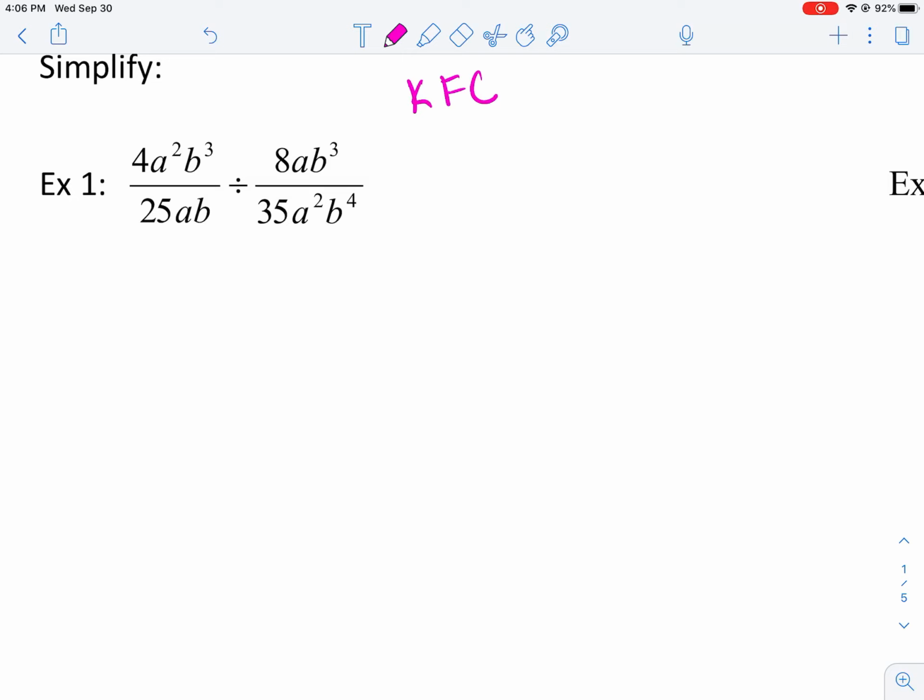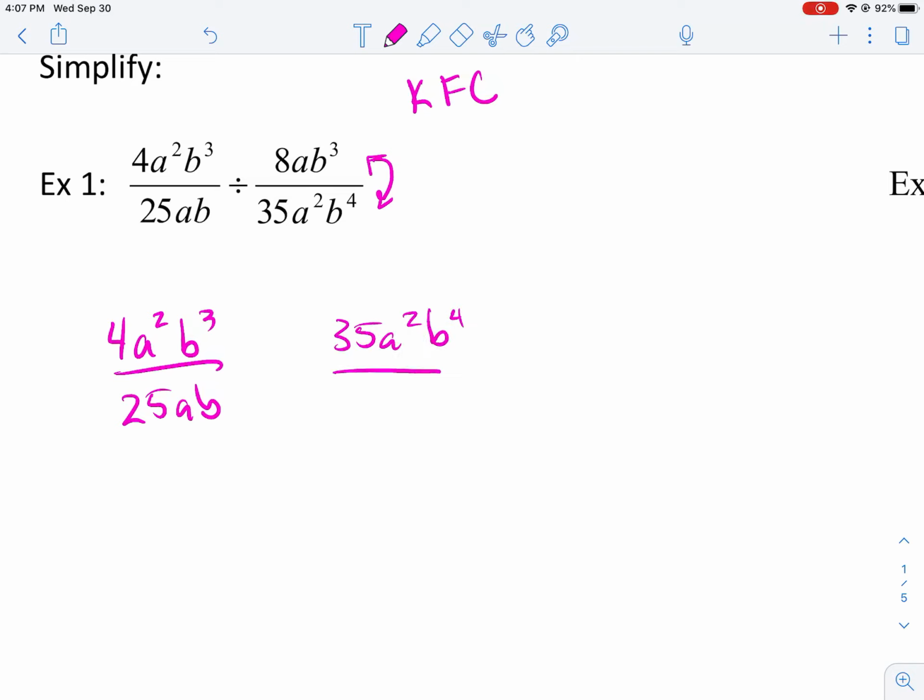You keep the first fraction or expression. Flip the second one. So we're going to flip-flop this fraction. It's going to be 35a squared b to the 4th over 8b cubed, and change it to multiplication.